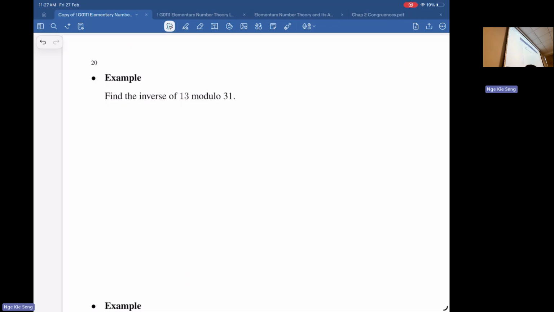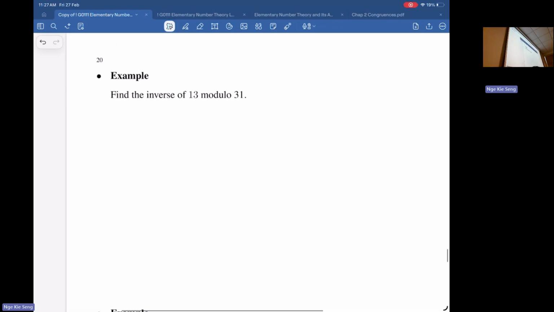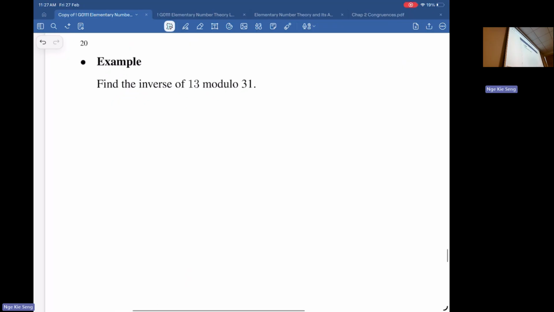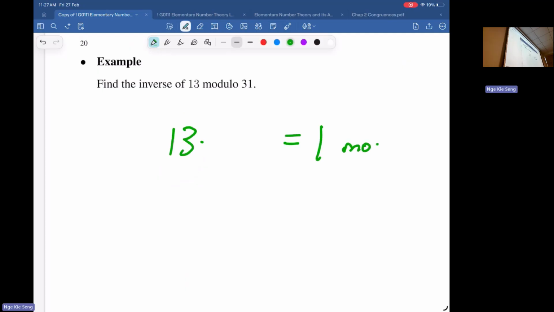This part is not special, but we're going to use this. The more important part is the next part. Can you find this quickly? What's the inverse? Meaning 13 times what gives you 1 mod 31?